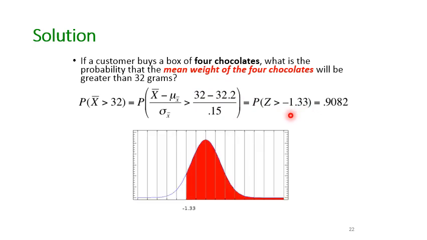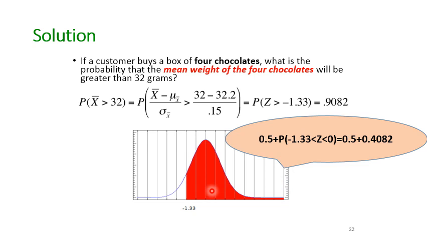The second step is to graph this area. On the standard normal curve, the area to the right of negative 1.33 cannot be found directly from the standard normal tables. We need to add this part, which is half the area, 0.5, plus the area from negative 1.33 up to 0.